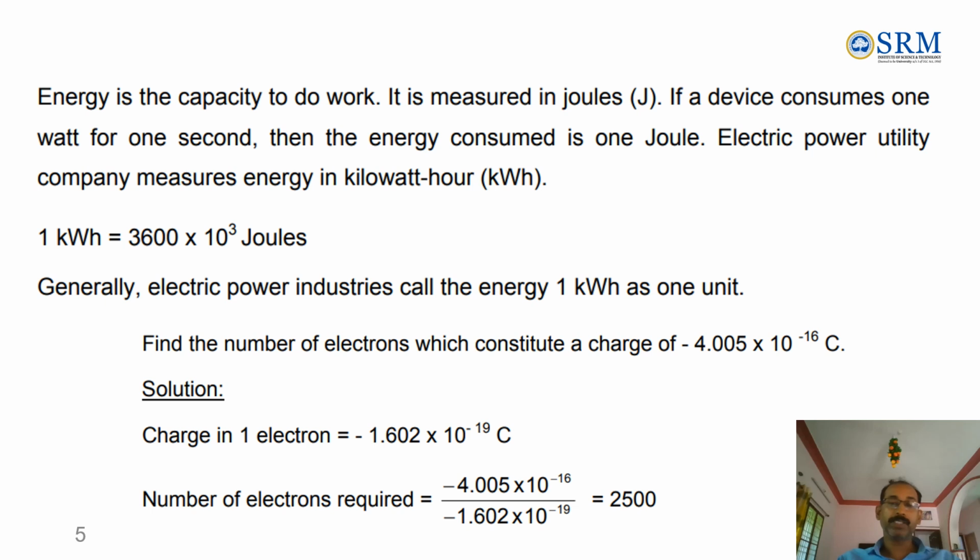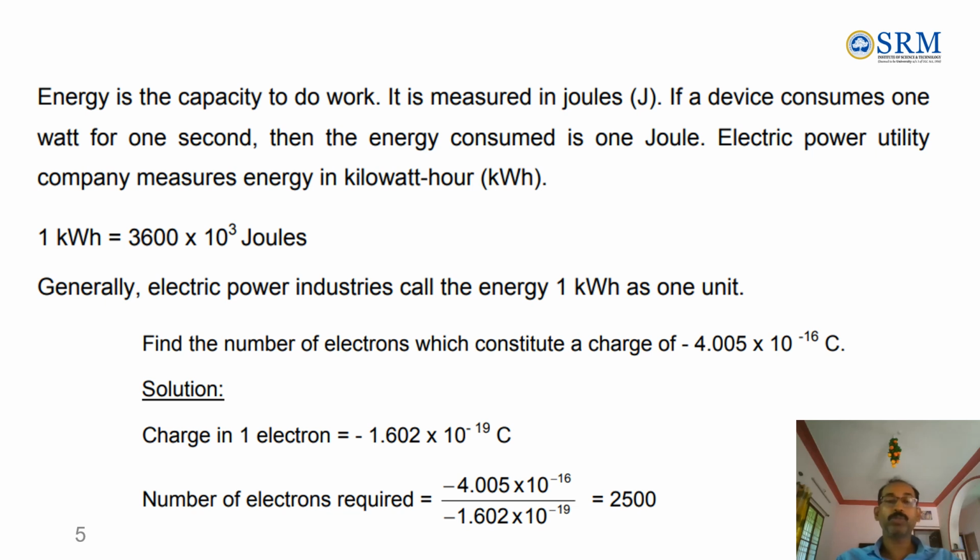The number of electrons which constitute a charge of 4.005 x 10 to the power of minus 16 coulomb: the charge in one electron is 1.602 x 10 to the power of minus 19 coulomb. So if you find the number of electrons which constitute the charge of 4.005 x 10 to the power of minus 16, it's very simple.